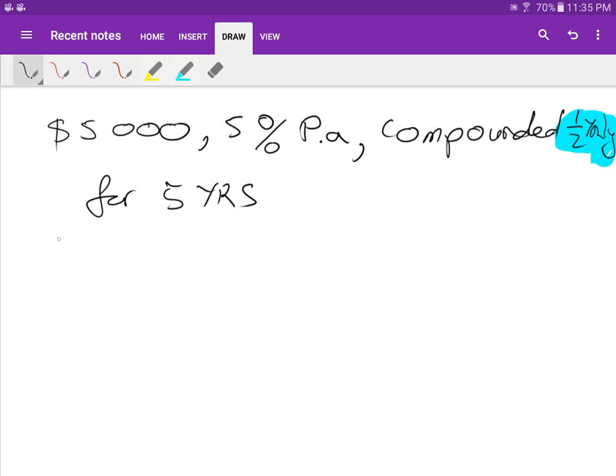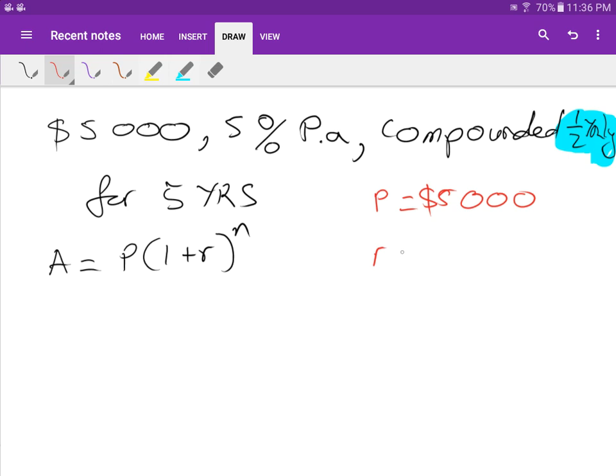So the rule is A = P(1 + R)^N. Before you substitute all these numbers in, you have to organize the information first. So P is $5,000, correct? P is the principal, the amount that you invest. R is 5% per year, but the problem is they don't pay you every year.